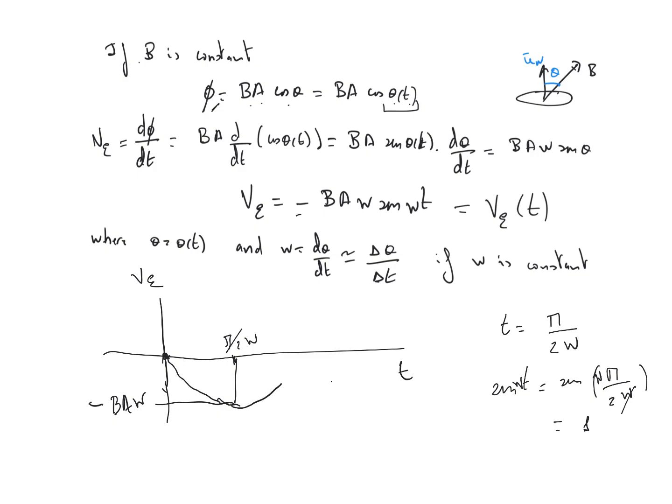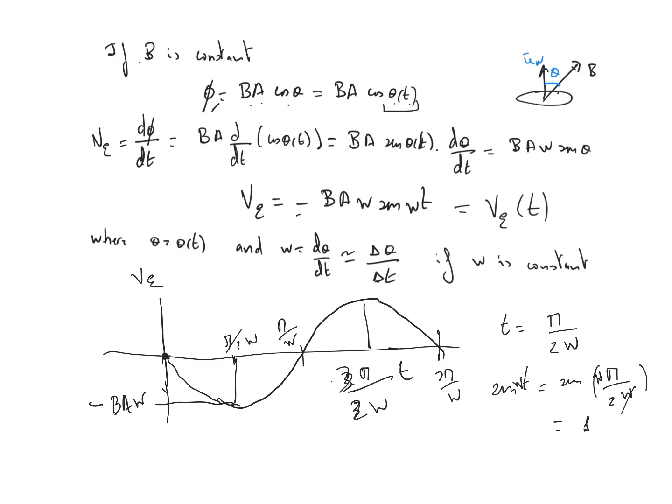So it will go like this. And this is epsilon, this is pi over omega, this is pi over 2 omega, this is 3 pi over 2 omega, and this is 4 pi over 2 omega, which is 2 pi over omega.